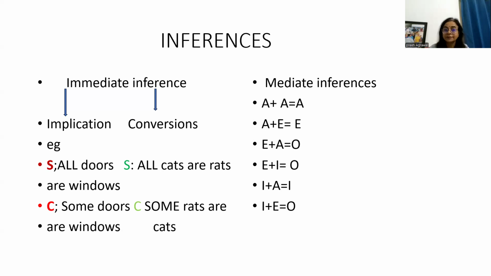A plus A is A, A plus E is E. But whenever there is one negative and one positive, the conclusion is derived as O. First, A plus A is A, A plus E, the conclusion is E. E plus A, the conclusion is O. E plus I, the conclusion is O. I plus A, the conclusion is I. I plus E, the conclusion is O.